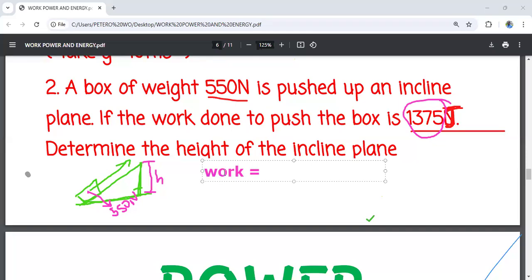Remember it's done against gravity, so it will be the weight of that body times the distance that is traveled, or the height.